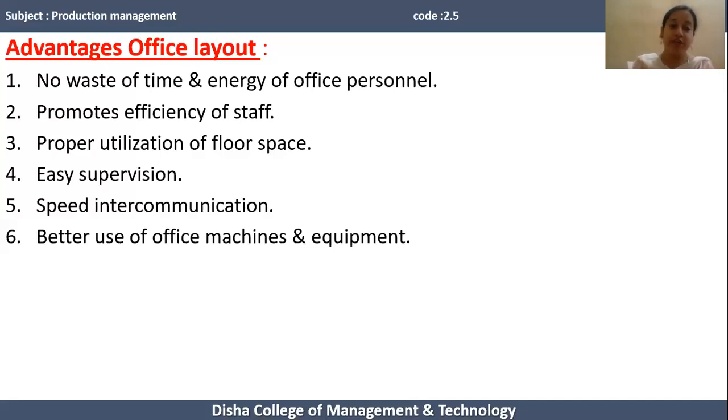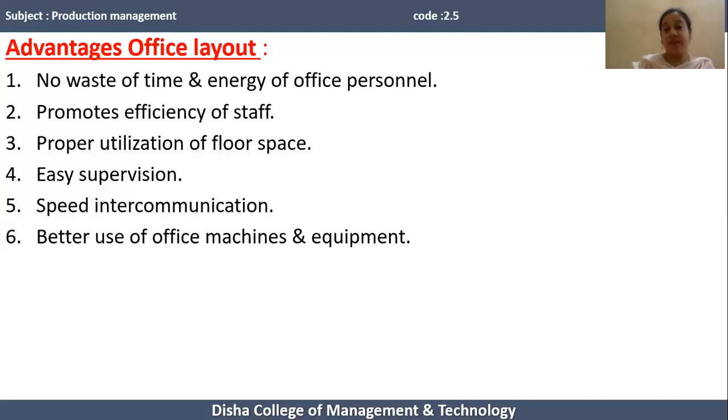Speedy intercommunication. If everything is arranged in a sequential manner, then whatever information of the office can be communicated between the sections in a speedy manner, and without any interruption. So if the office layout is an ideal one, there is speedy communication of information. Next, better use of office machines and equipment.